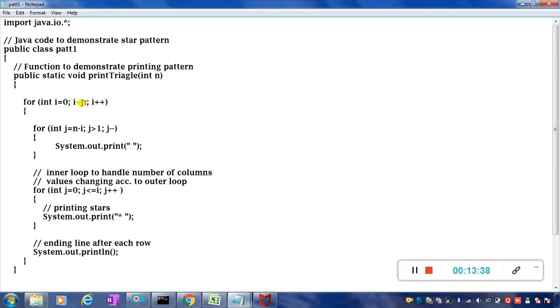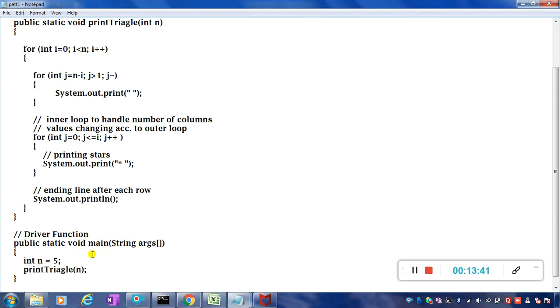Here, n was nothing but the number of rows. So here n was 5. Here I'll put n only. So j is equal to 5 minus 1, that is 4, and 4 is greater than 1, so it comes inside and prints a space.